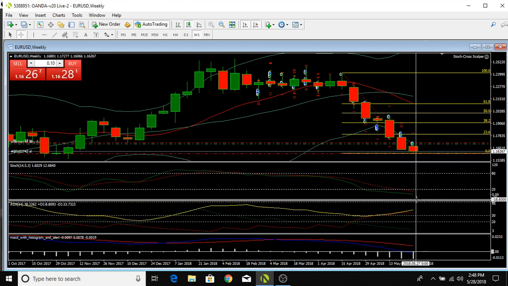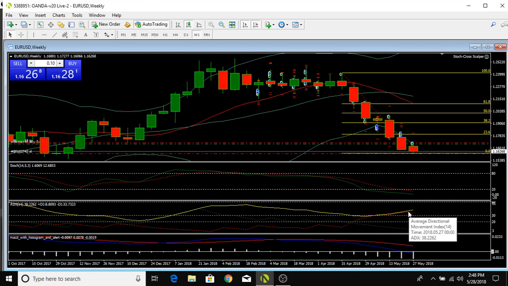If you look here at the stochastic, you can see that it's wanting to come back up. It looks like there's a little bit of room where it could still continue to trend down before hooking back up and coming back over the 20 line here. Additionally, you can see that the trend is picking up.